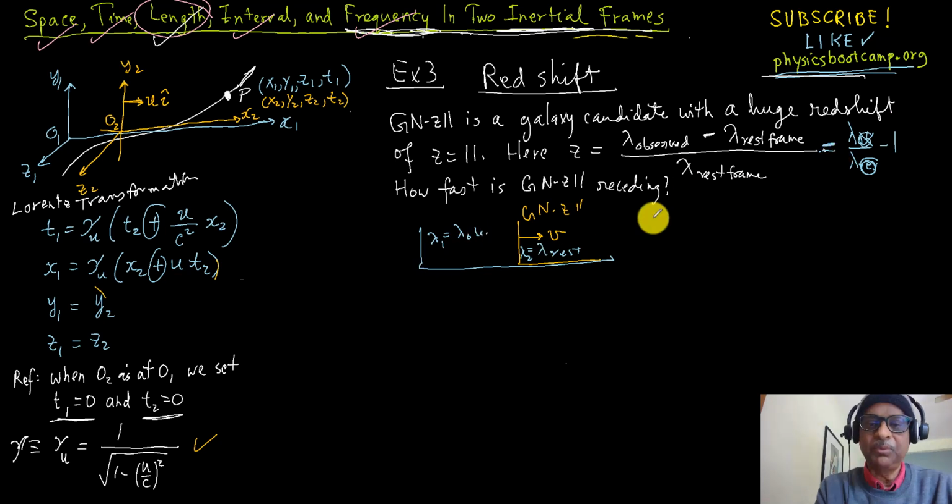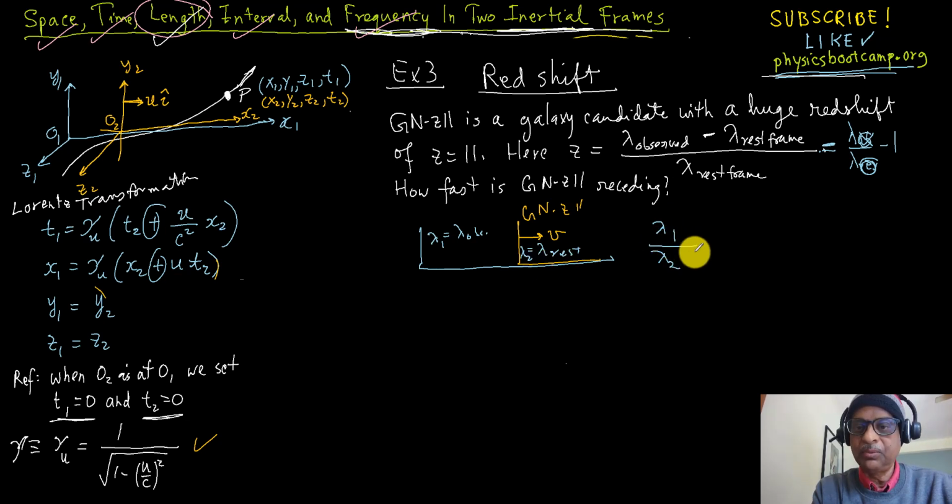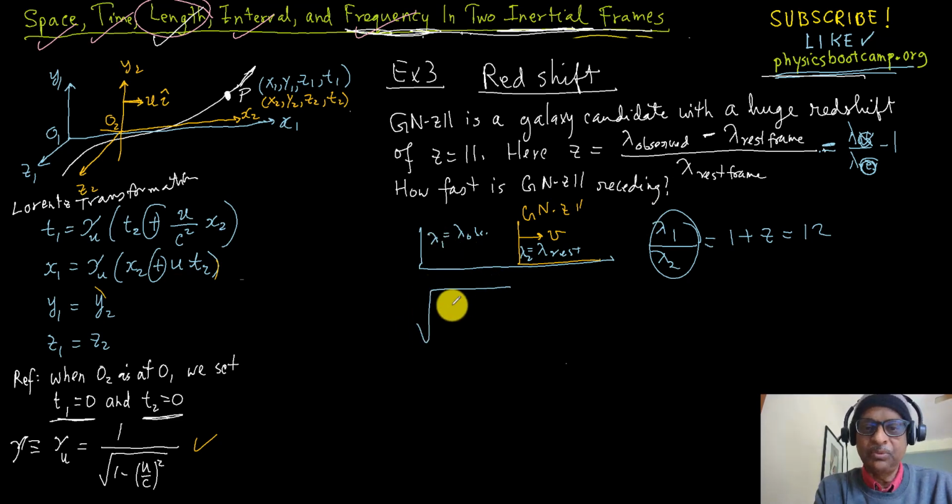So all we want is lambda 1 over lambda 2 equals 1 plus z, which is 12 here, and this we already know. This is going to be the square root of 1 plus u over c over 1 minus u over c, and this has to be greater than 1, right? And this is equal to 12.